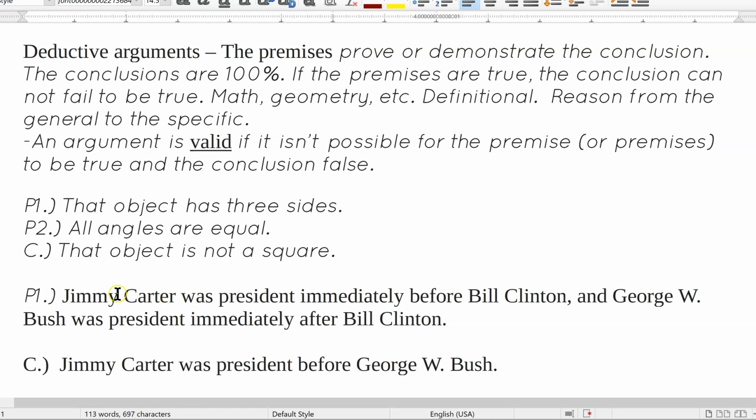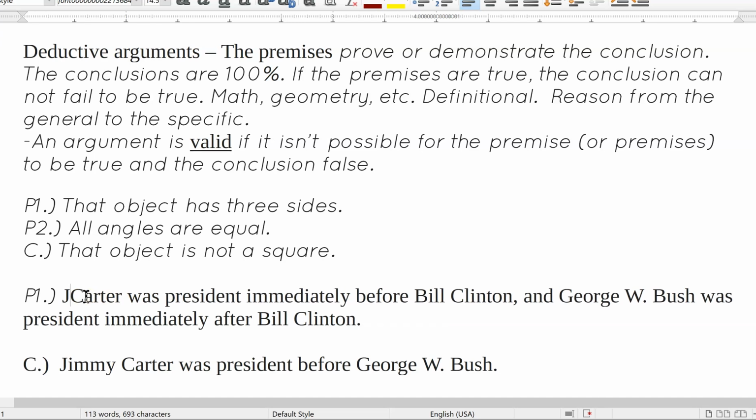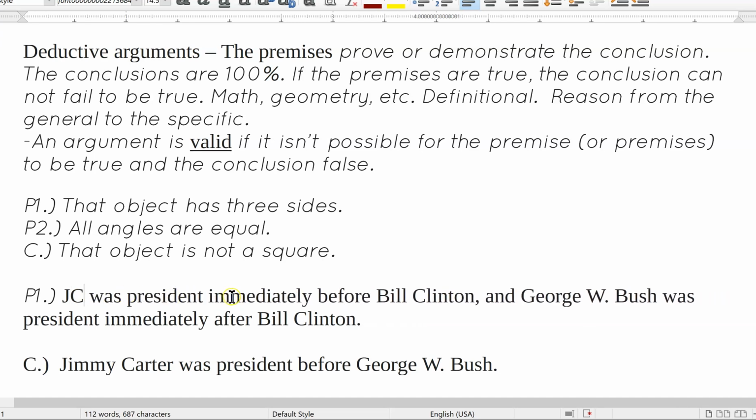One of the things I want to do here is start breaking this down a bit. So how are we going to break it down? Well, I want to get as much detail work out of here as possible, right? So I'm just going to make Jimmy Carter JC. I'm going to make Bill Clinton BC.